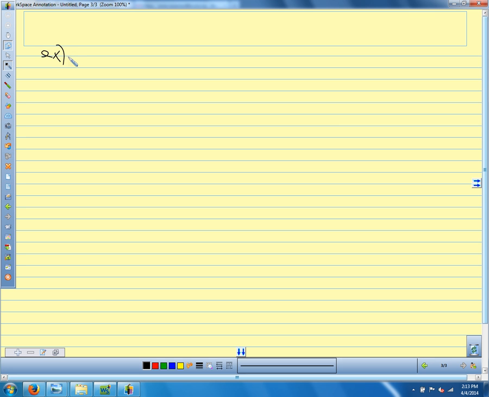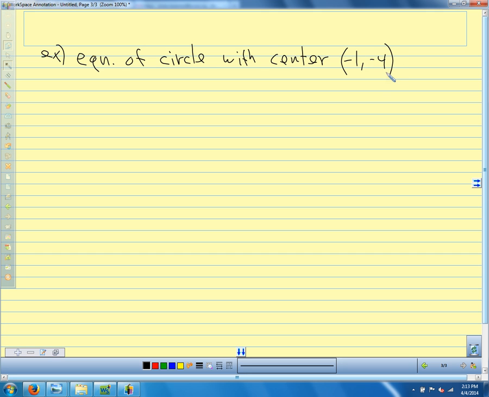Let's say we want to find the equation of a circle whose center is at (-1, -4), and it contains the point (5, 7).